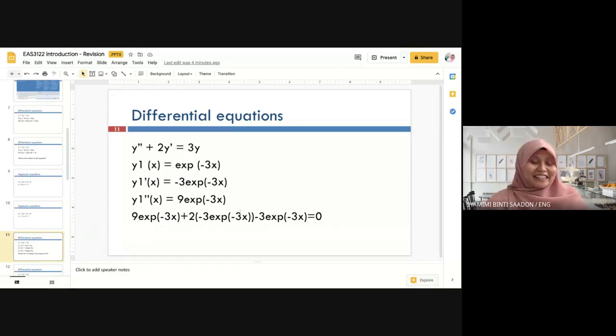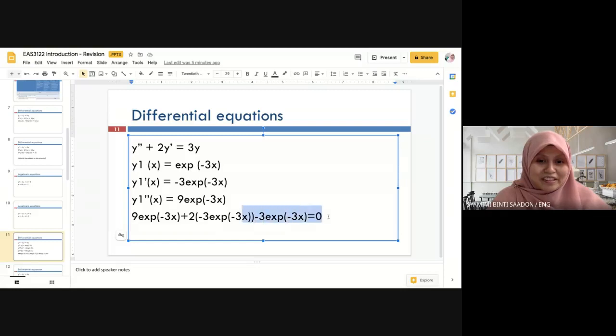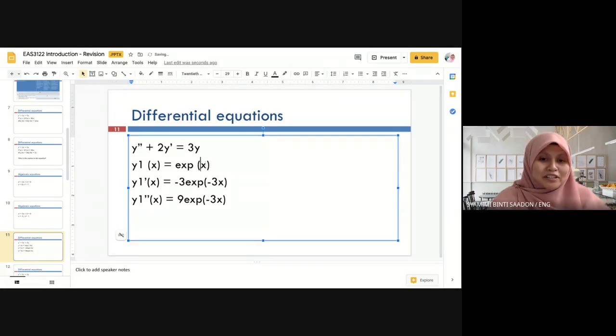Okay, the other solution is, we try. Okay, we try exponential x. So y2 is exponential x, y2 prime will be exponential x also, y2 double prime is exponential x.